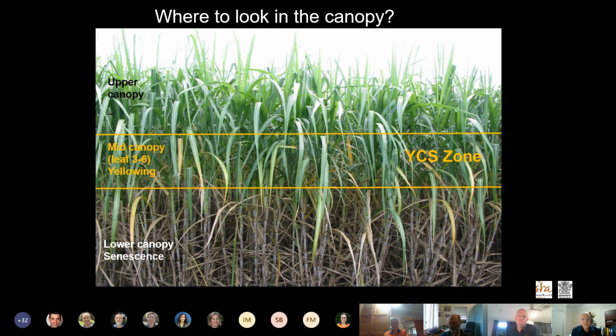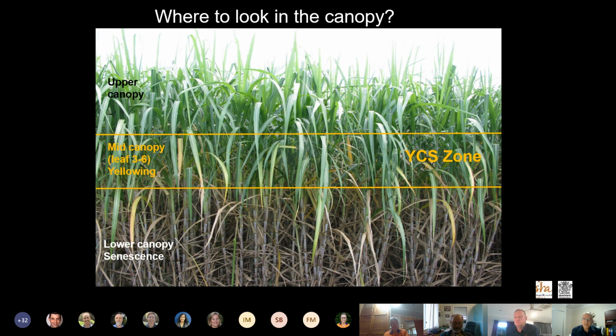If you see the start of yellowing in the mid-canopy region, in that leaf 3, 4, 5 and 6, that's the time to keep an eye on it and follow its progress. When it starts, you'll see a little bit of yellowing in one of those leaves, and there will be green leaves beneath it and green leaves above it.